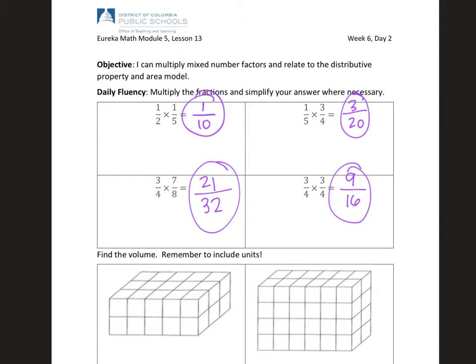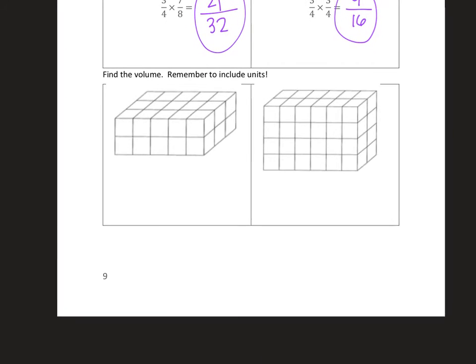Okay, moving on down, we're going to find the volume. Okay, it says remember to include the units, so we'll use cubic centimeters. Anytime it doesn't give you the units, just use cubic centimeters, and that's fine, because these are cute little centimeter cubes that they have right there.